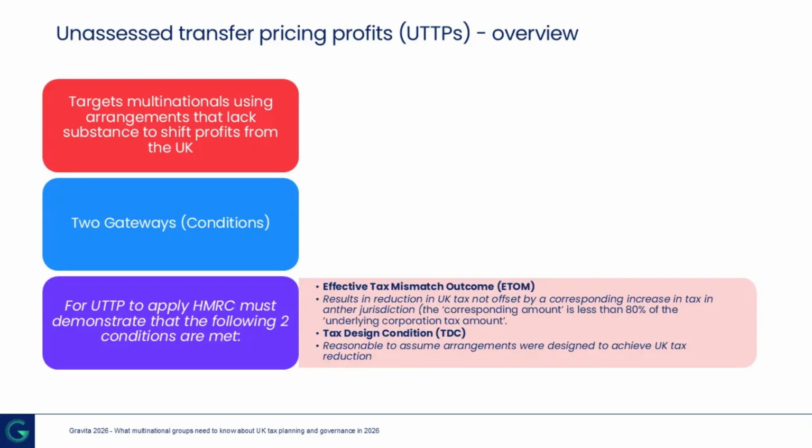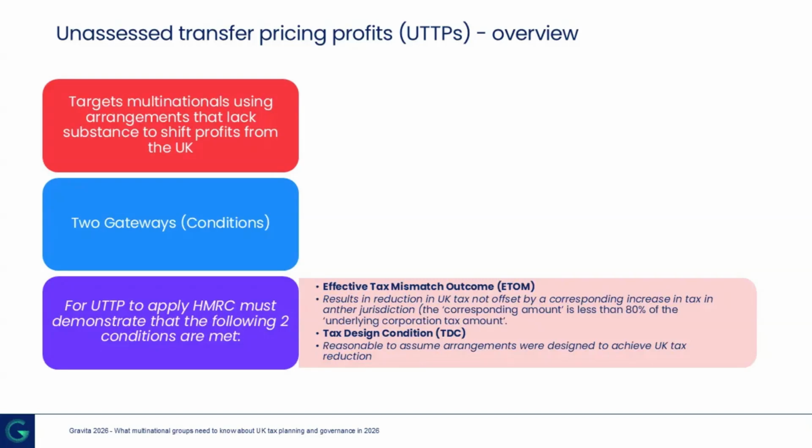I had to do a retake on this when preparing because there's a lot of wording around it, but I think what it's saying is, if profits should have been assessed to transfer pricing but were not, and the foreign tax on that is less than 80% of the UK rate on that, then you could be brought into this UTPP.